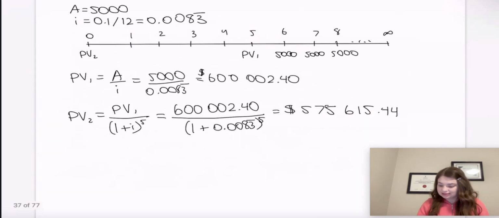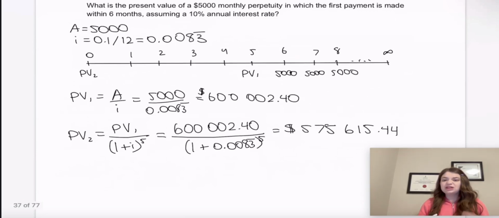But percentage-wise, that's actually not that big a difference. So there we go. Therefore, the present value that we would have to front today in order to wait 5 months and then on the 6th month start getting this perpetuity at the 10% annual interest rate is $575,615.44.